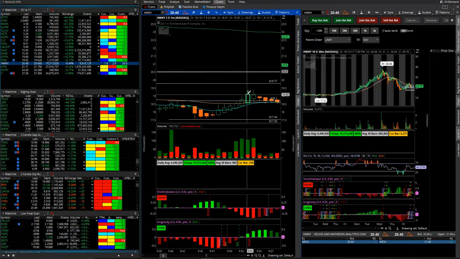I was nervous because the swings were so crazy, but I actually was greedy and I held this. And once it broke over 19 in this candle, I got out. I got in at like 18.10, and I sold at like 19.05. I made close to another $1,000. I made like $1,600 on those two trades.